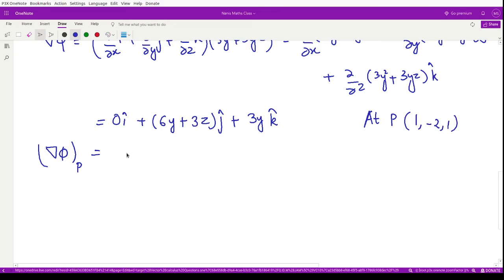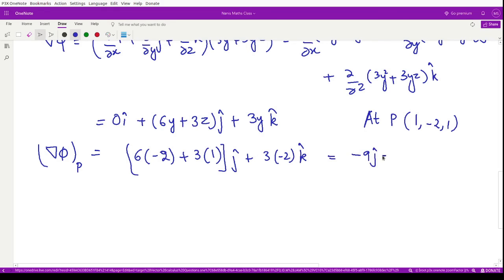When you substitute the value of y as minus 2 and the value of z as 1, you will obtain the vector: minus 12 plus 3, so that would be minus 9 j cap minus 6 k cap. So this is the gradient calculated at the point P.